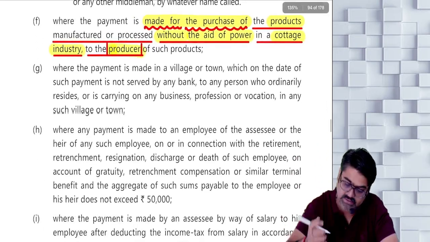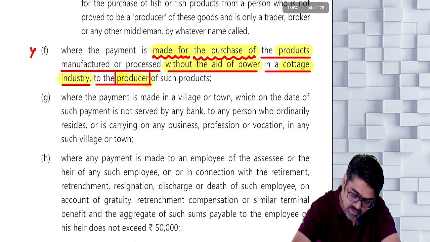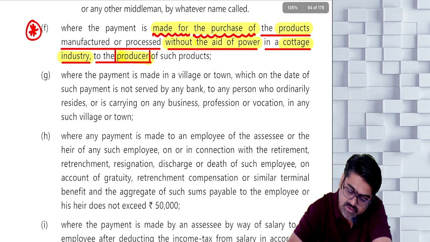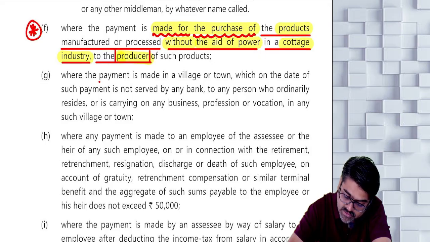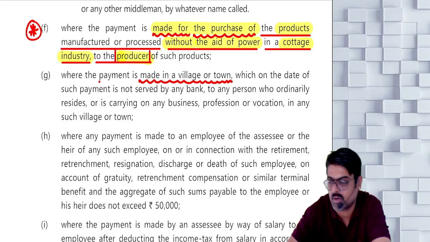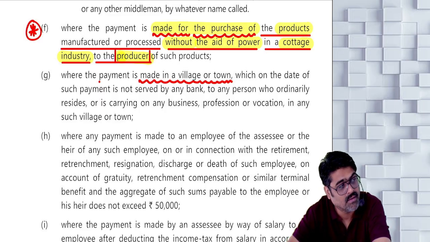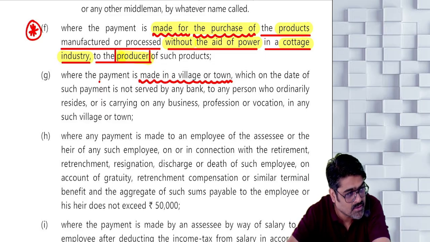Okay. Next one. This is also important now. Point number F is also important. Mark this important. Next one. Where the payment is made in a village or town. Payment is made in a big city or a small town or a small village.